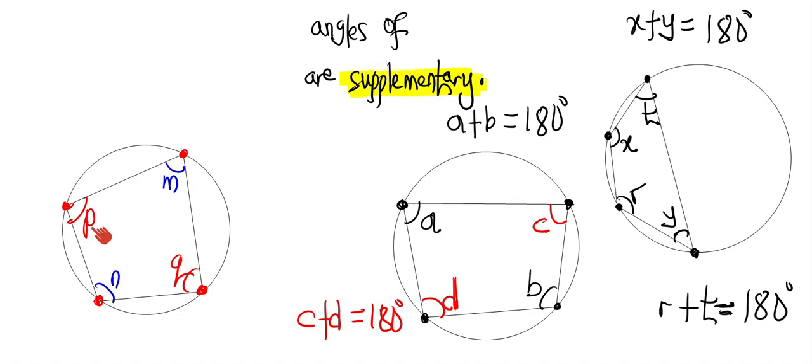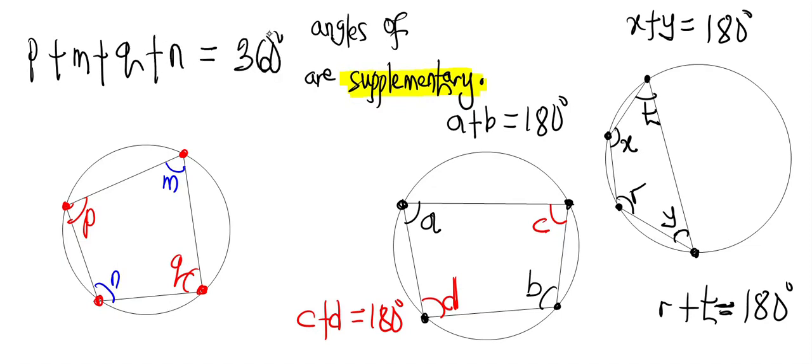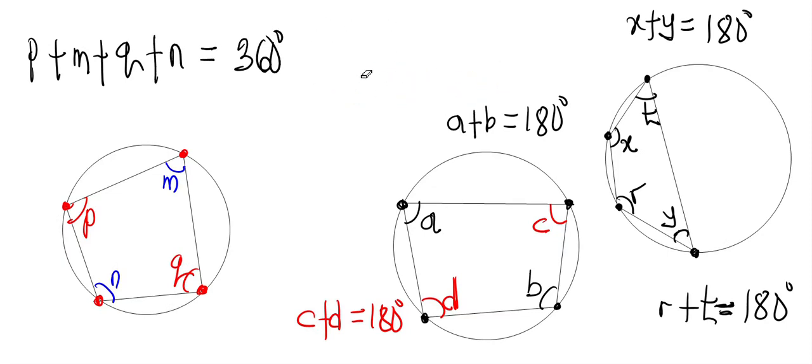So, considering this shape, we can say P plus M plus Q plus N equals 360 degrees. So that's just a theorem for the sum of interior angles of a quadrilateral.